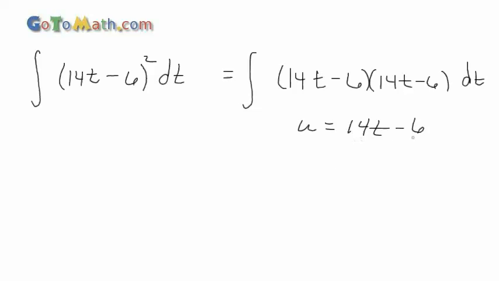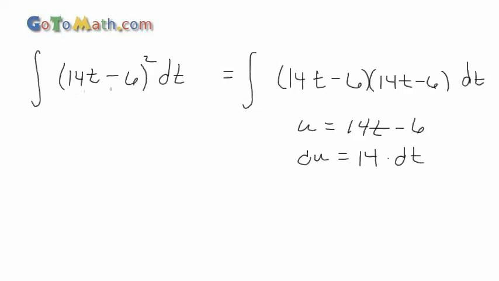And then we're going to take the derivative of this. So du is equal to, and the derivative of 14t is 14, and of course the derivative of negative 6 is just 0. But instead of writing the dt down here, I'm going to write it right here. Okay, so it's kind of like in that differential form.